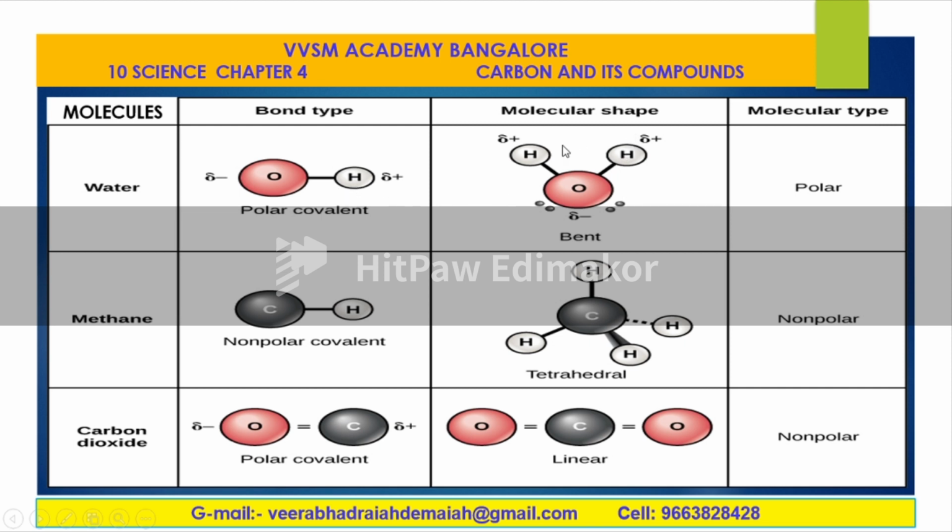This is the molecular shape, the bond angle is bent. Molecular type is polar. Coming to methane, it is non-polar covalent, carbon atom and hydrogen atom, and hence tetrahedral. This is non-polar. In the case of carbon dioxide, polar bonds, this is linear, non-polar.